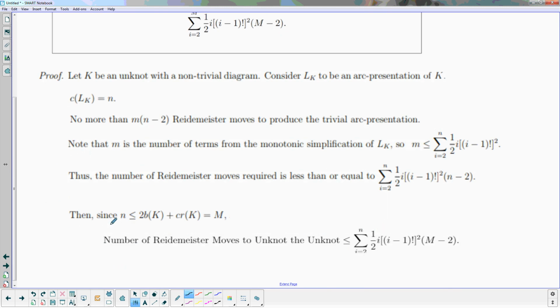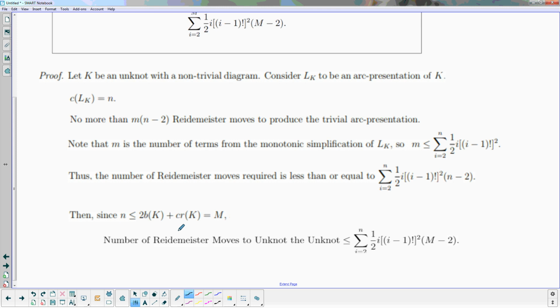Lastly, since the complexity n has to be less than that capital M, because n is the starting complexity. Obviously, if we're trying to unknot this knot, we're trying to turn complexity into 0, so n has to be less than that starting value.